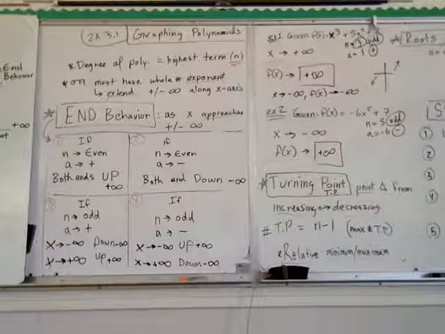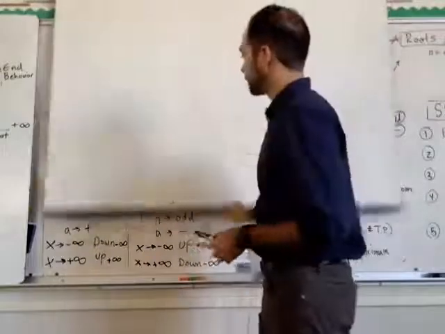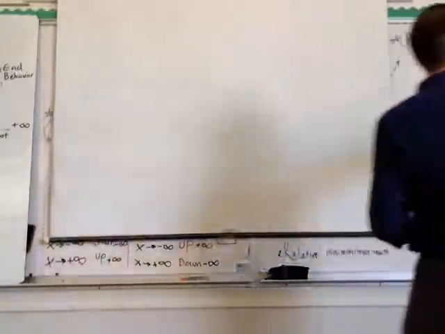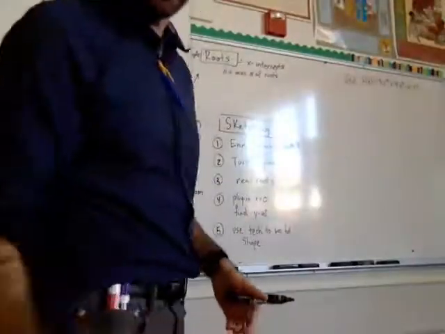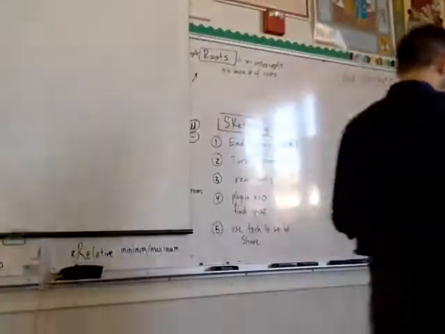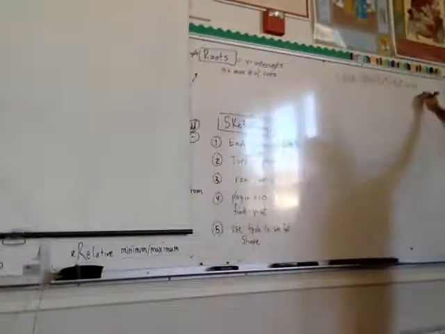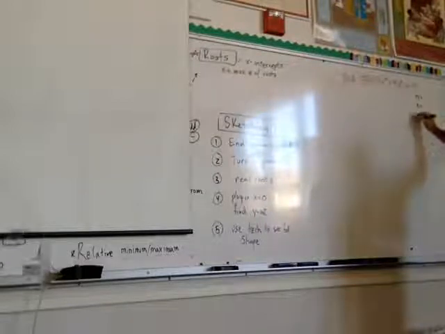So what we're going to do is sketch this up here. I want you to go ahead and fill in, tell me what the n is, tell me what the a is. What happens as x approaches positive infinity?